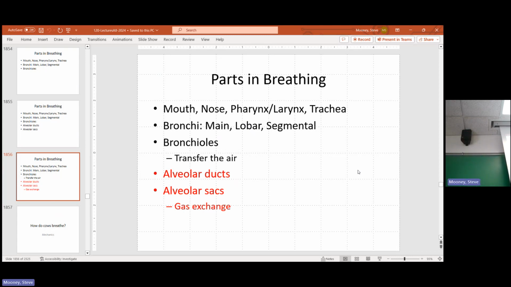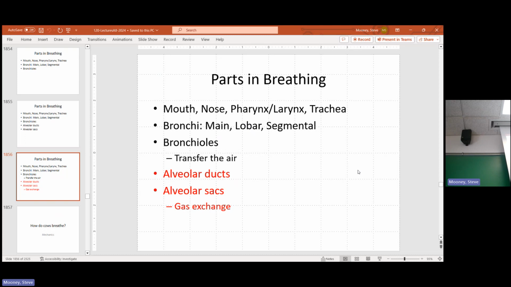The top here is involved with transfer of air. There's no exchange of gases between what's inside and what's in the tissues. The ducts and the sacs are where the air is exchanged. Carbon dioxide removed from the blood, oxygen put back in. So these are very thin. They're very elastic.